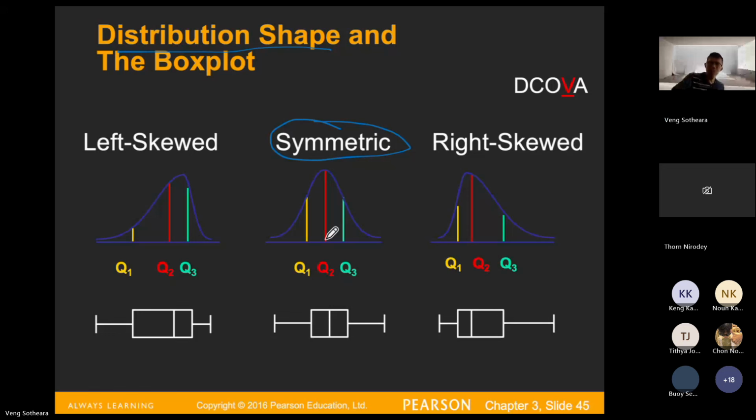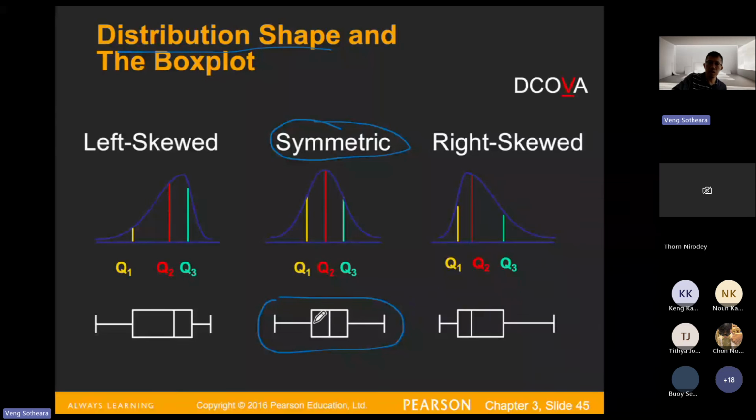If you look at the histogram, the shape should be something like this. And if you plot the box, this would be the box plot of a data set that is symmetric.